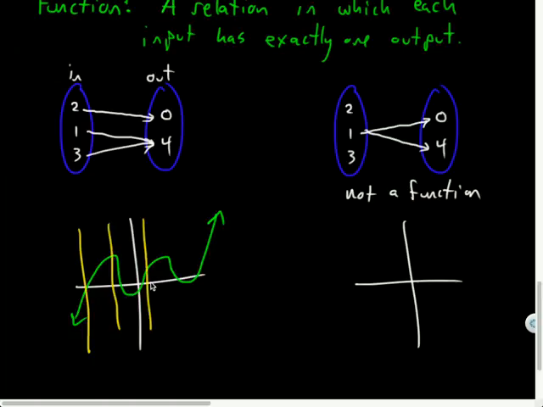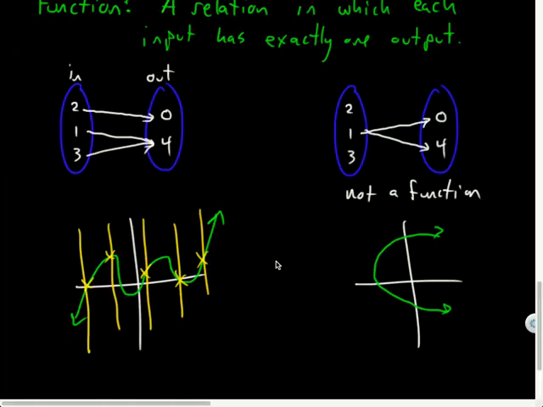Any line I draw will hit at most a single point. 1, 1, 1, 1, 1. There's no vertical line I could draw that's going to hit more than 1 point. Whereas if I draw something like a sideways parabola, which we'll talk about in Math 4, those do exist, they're just not functions.